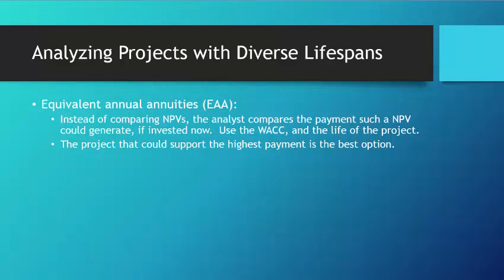Then instead of comparing the NPVs of these two options, we're going to compare the payments, because the one that will give me the higher payment over its useful life is actually giving me a higher return per year, and therefore that's the one I should actually choose. This is actually a really clever way of getting at the best of those options.